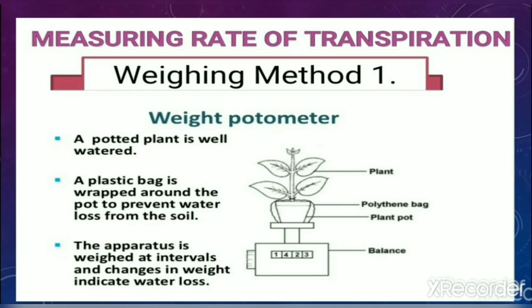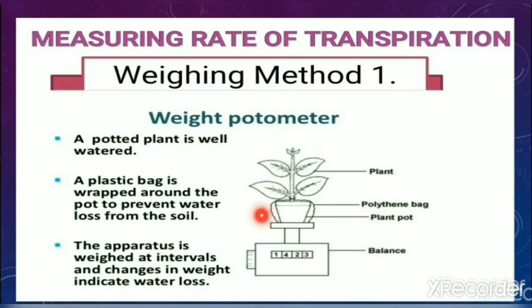Now the first one is the weight potometer. In this, we will take a well-watered potted plant and cover its soil surface with a plastic bag to prevent direct evaporation of water from the soil.